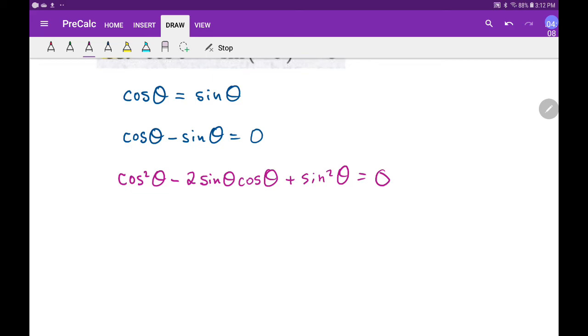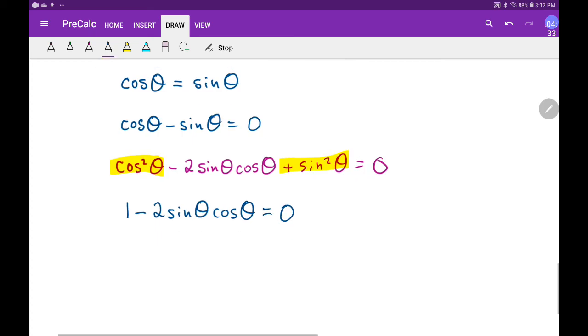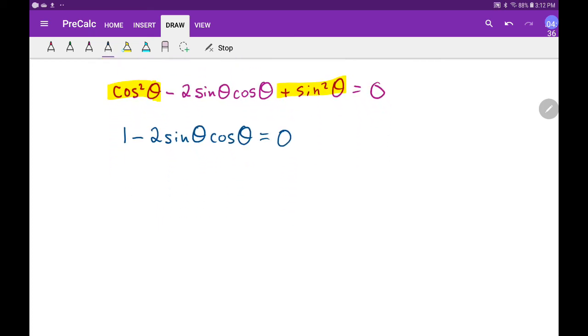And you say, I don't know how this really helps me. But maybe it does, because you can see that this part and this part, you remember the Pythagorean identity? That's 1. So I have 1 minus 2 sine theta cosine theta. And I also recognize this as a trig identity, and I can say 1 minus the sine of 2 theta. Okay? And that equals 0.